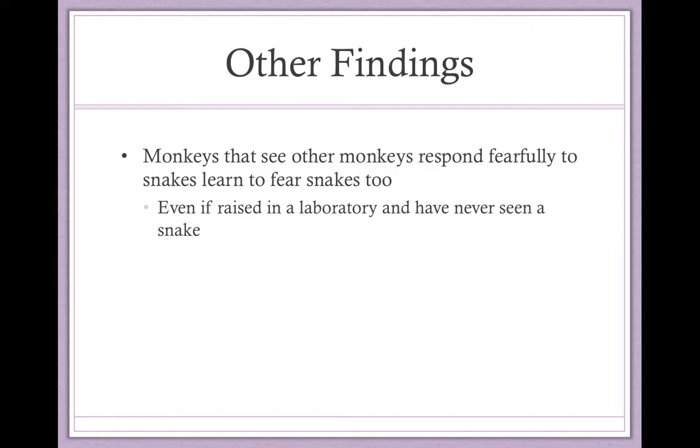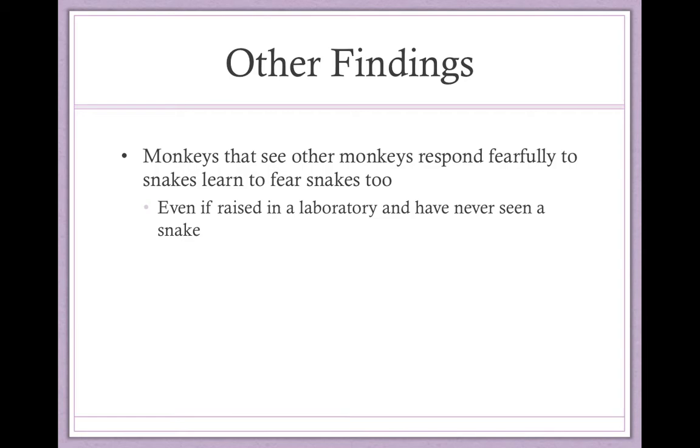And then they had another monkey observe that monkey being afraid of snakes, which made the monkey observing also afraid of snakes. It was a rubber snake, it wasn't a real one.